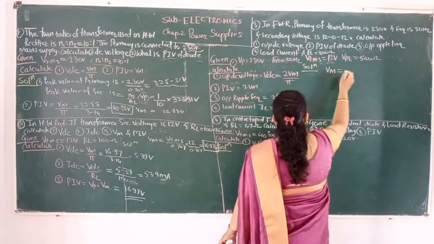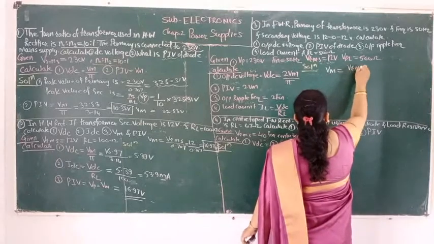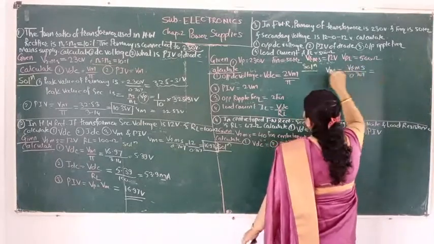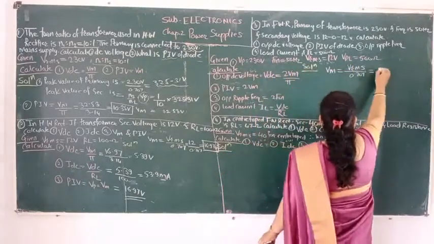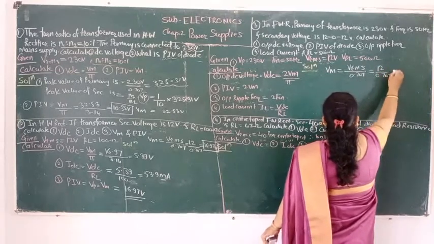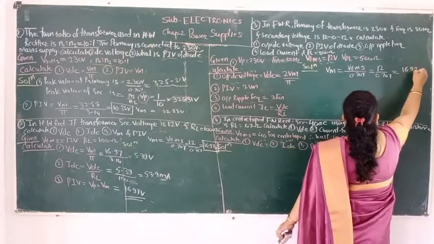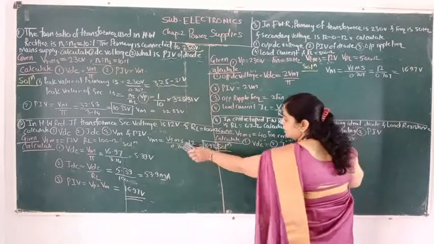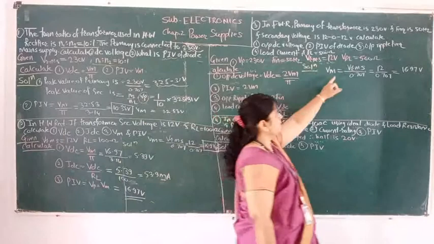VM is equal to VRMS divided by 0.707, as we calculated here. VRMS is 12 volt divided by 0.707, and it is 16.97 volt, which we have calculated here. Here also VRMS was 12 volt, and here also VRMS is 12 volt.